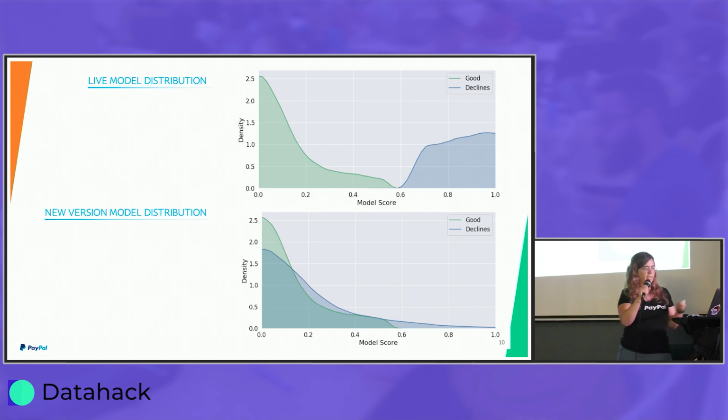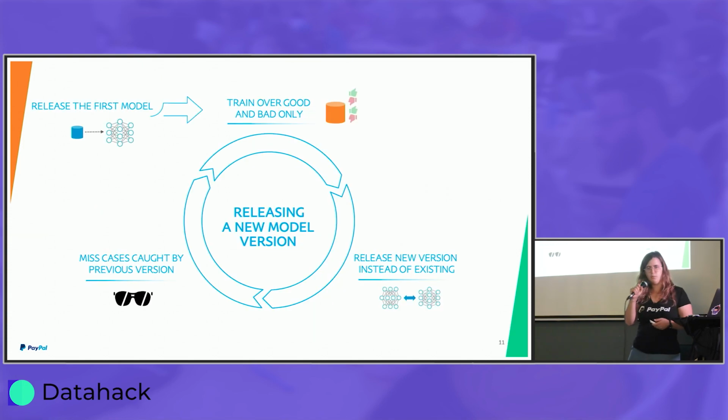And by taking this approach, we can find ourselves in a cycle where we train a model, we release it to live, and it starts taking decisions in live. We then train a new model over good and bad only, ignoring the affected population.